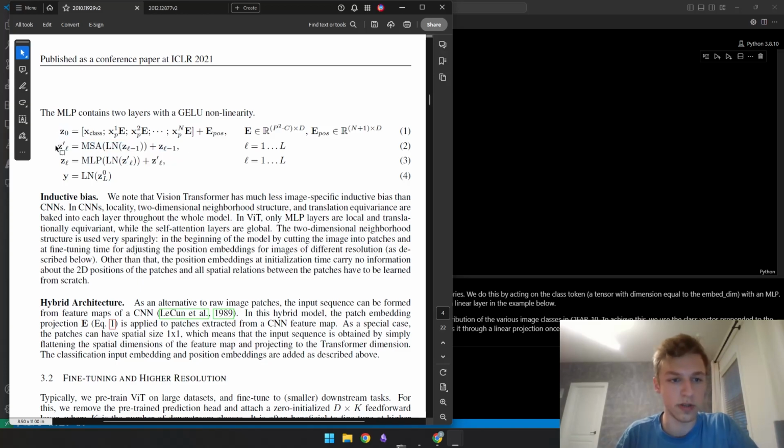And these two equations define the blocks. So we start with Z sub L minus 1, which is the output of the previous block or the input Z0. We have a residual connection, which means that we add the value of this to the output of the first part of the block.